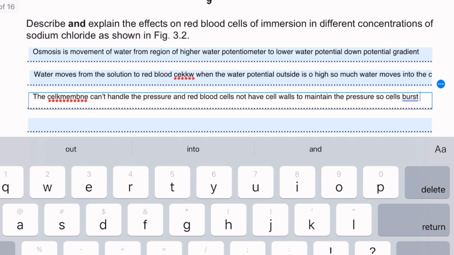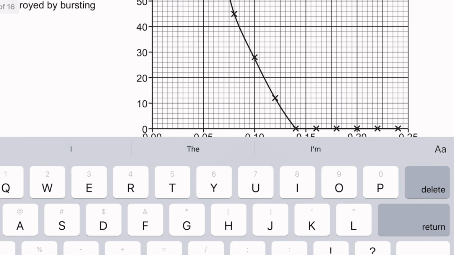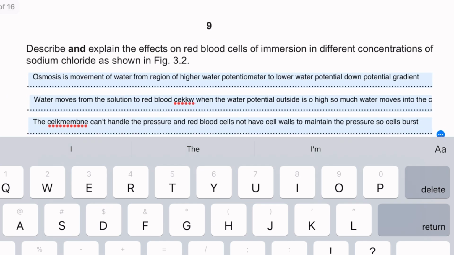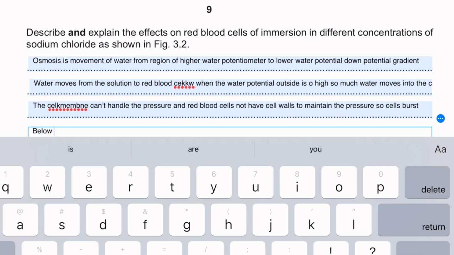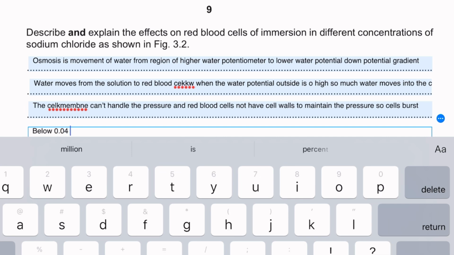Let's go ahead and describe. Okay, description. I would say that, as we mentioned, below a concentration of 0.04, 100% of red blood cells are going to burst. So below 0.04 concentration, you obviously need to write down the units, mole per decimeter cubed, all red blood cells burst.